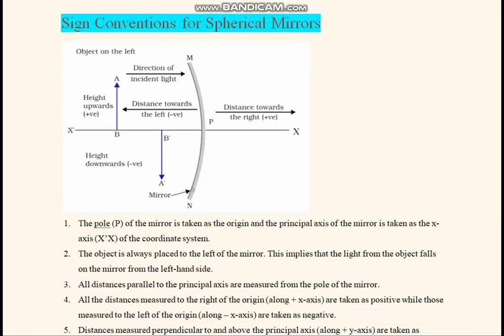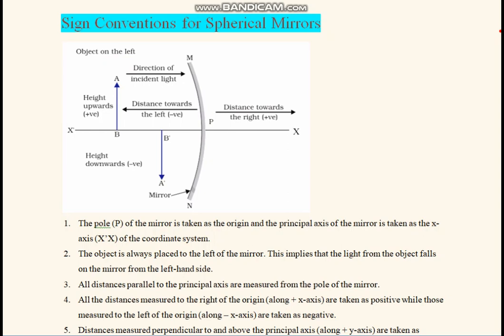According to these sign conventions, the pole of the mirror is taken as the origin and the principal axis, that is x dash x, is taken as the x-axis of the coordinate system. All horizontal distances are measured from the pole of the mirror. Here the object is always placed on the left side of the mirror. That is, the light from the object falls on the mirror from the left hand side.